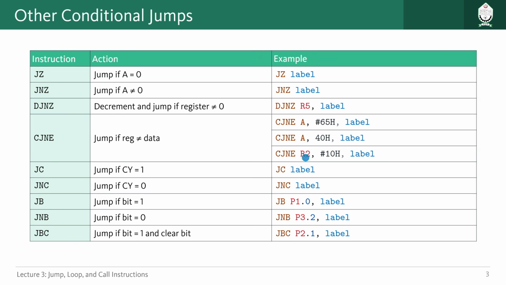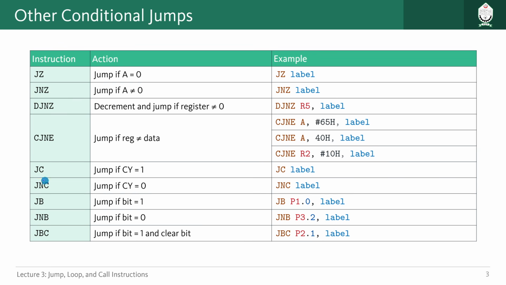If you use one of R0 to R7, you cannot use a RAM location for the second operand; you have to use an immediate value. So these are the three possible ways you can write CJNE. There are some other ones, which maybe in future lectures we will try to understand, because we don't have enough knowledge right now to understand the syntax.